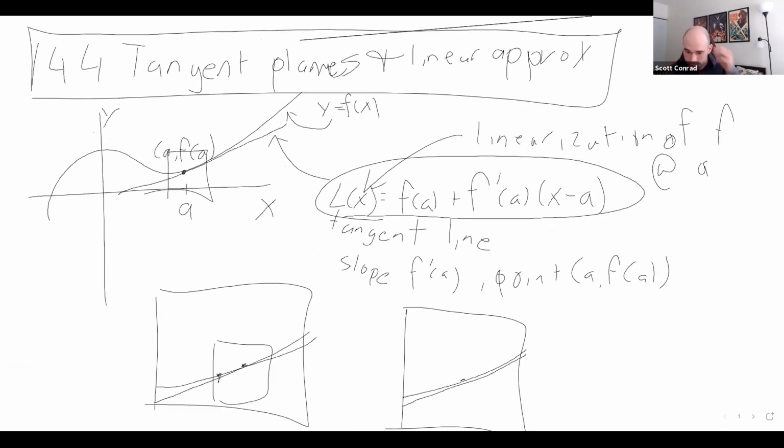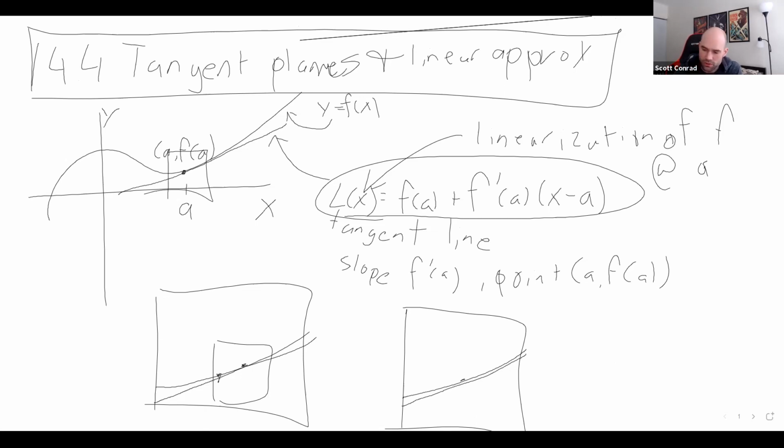So going back to the case for functions of one variable. Remember I said the tangent line is the best linear approximation of the function at the point A, f of A, on the graph of the function. So we can use that to approximate the value of our function.